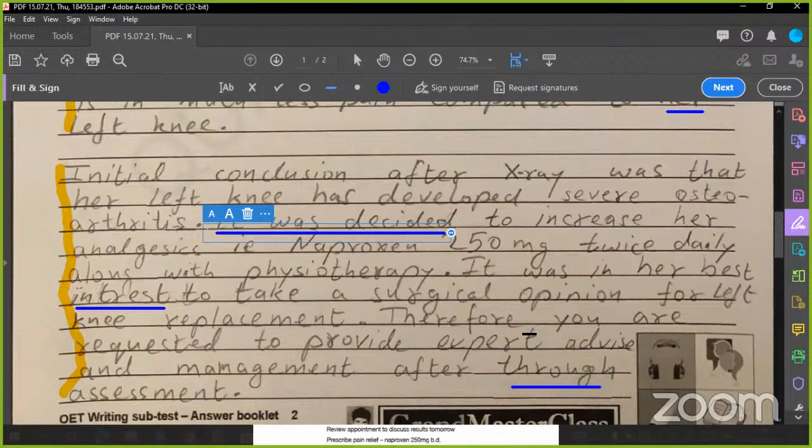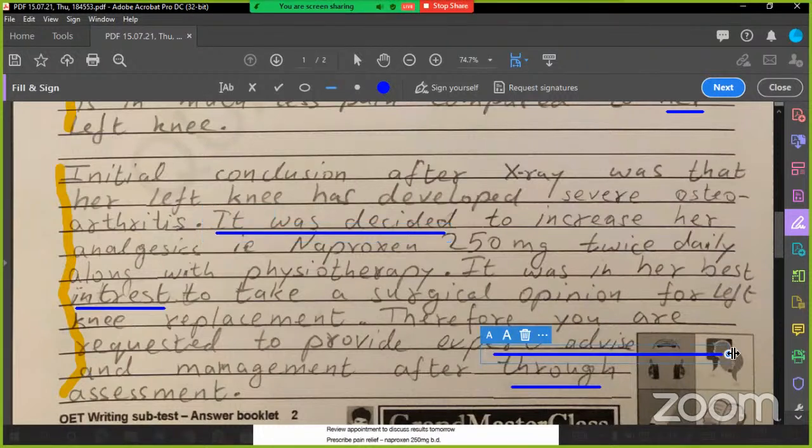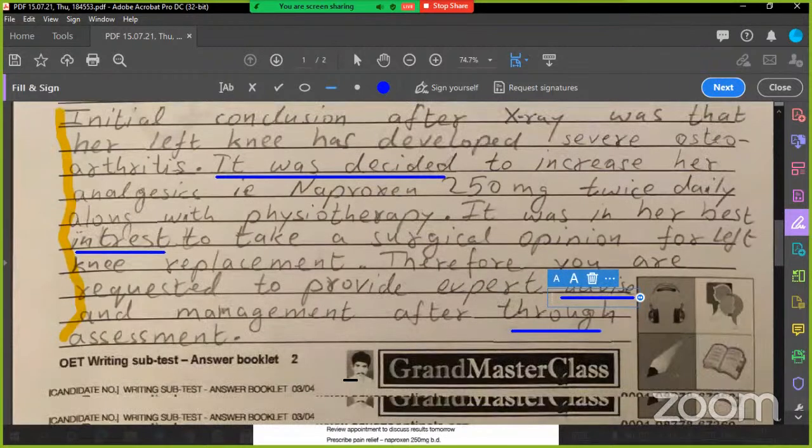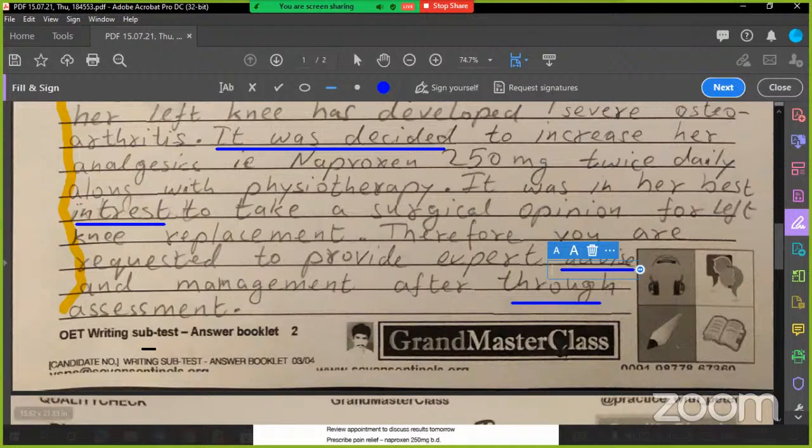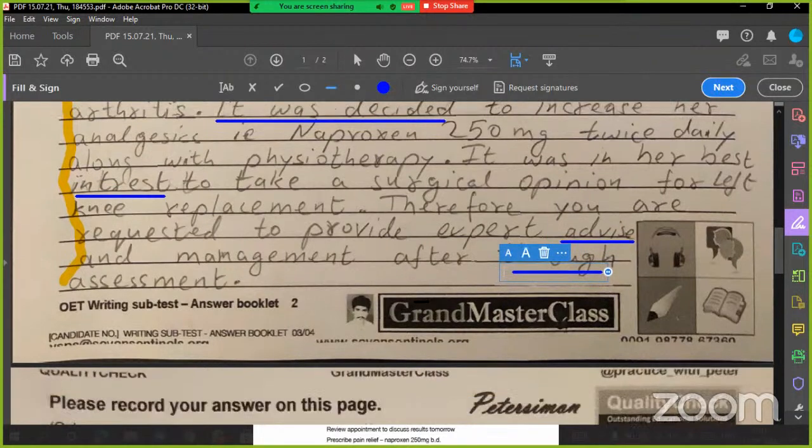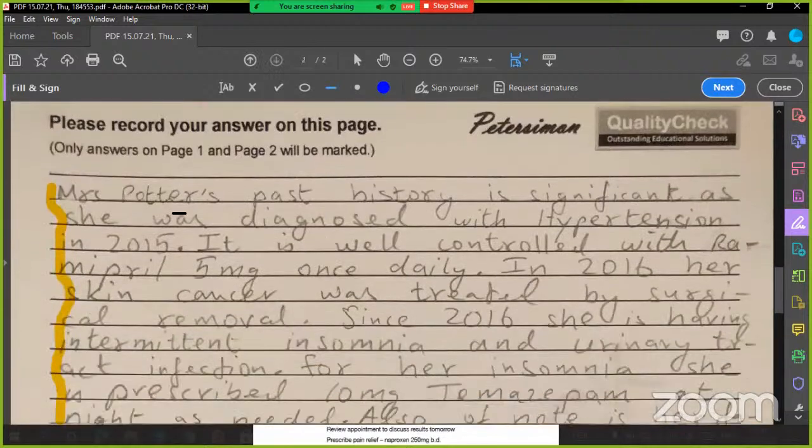Your expert advice, ADVICE, the noun, is spelled with CE, not SE. Expert advice and management after thorough assessment. Thorough, spelled THOROUGH, assessment. Mrs. Potter's past history is significant.